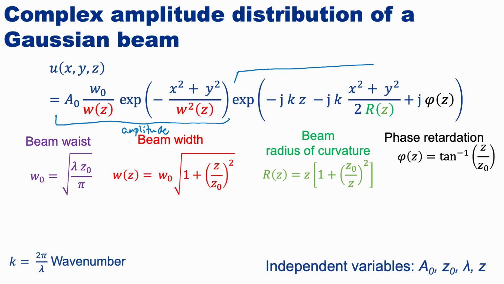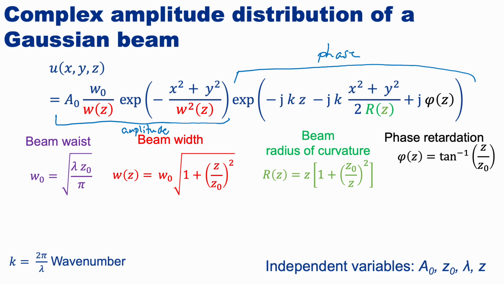And then here is where we have our phase that is gonna change how it propagates. This is our paraboloidal factor with the radius of curvature. We have a phase retardation that we're gonna talk about in the next class depending on the Rayleigh range, and here we have our plane wave propagation.